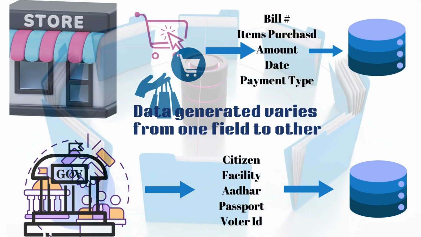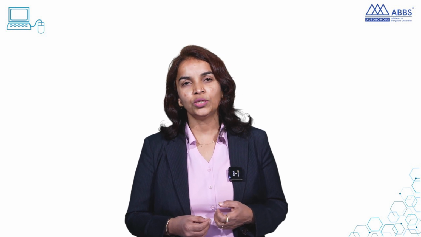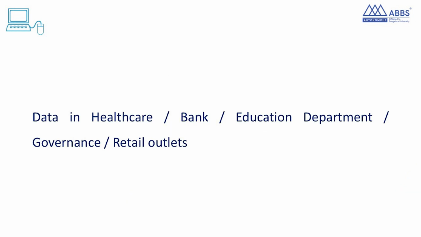The data generated in e-governance, when we as citizens transact or interact with the government, is totally different. Now, should there be the same measure for protecting the data generated from different departments like healthcare, bank, education, governance, and retail outlets?